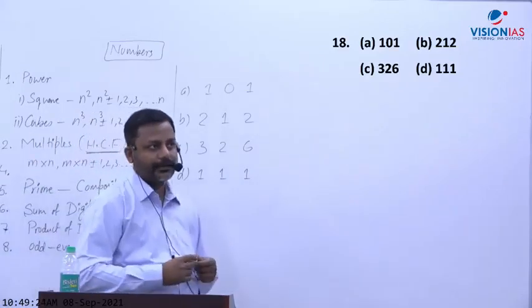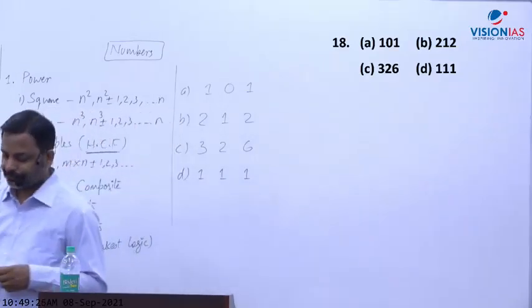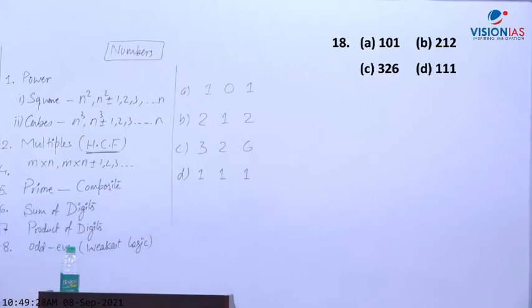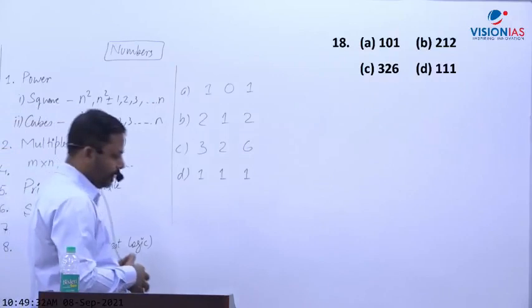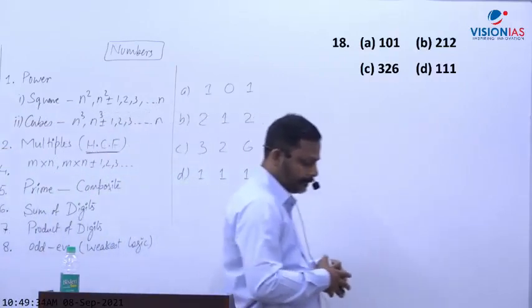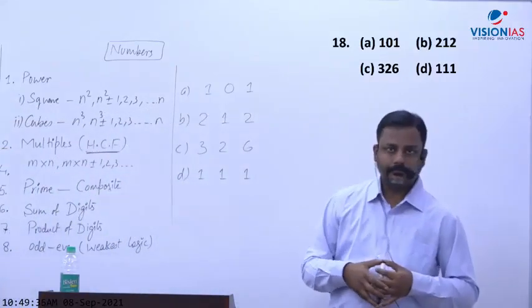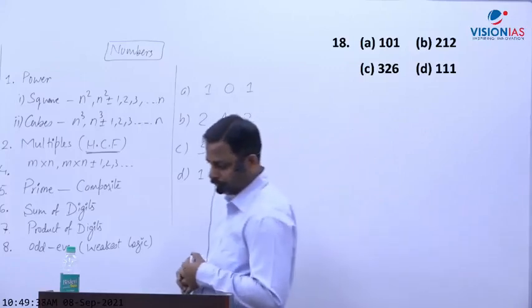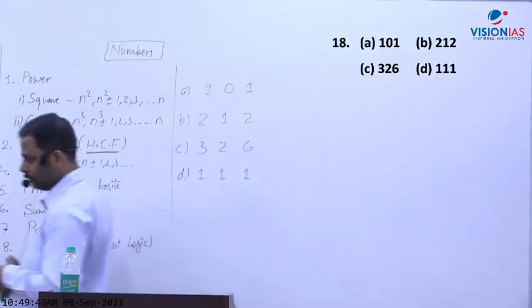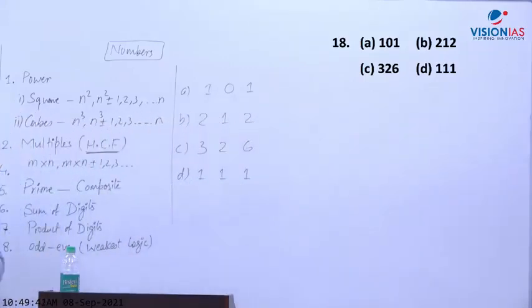So here which one is odd and why? The reason behind option D odd is, what is the logic behind answering option D as the odd one?